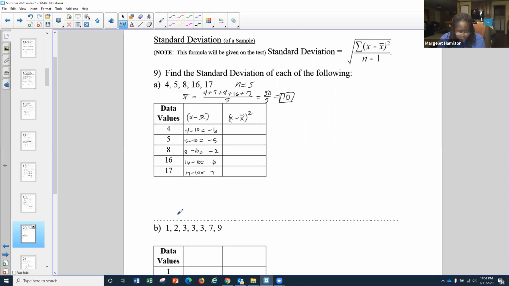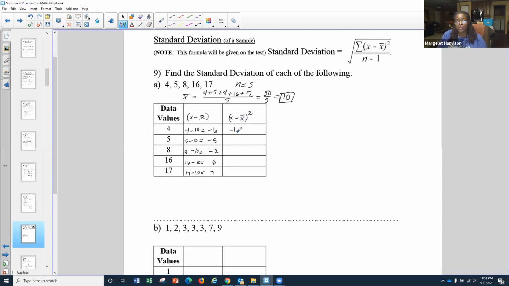Now that we've constructed and found the values for our second column, now we have to get that third column. So the values that we found, we're going to square those. I'm going to write it out again so we can see what's happening this first time. The next time, our next example, I won't write all of this.